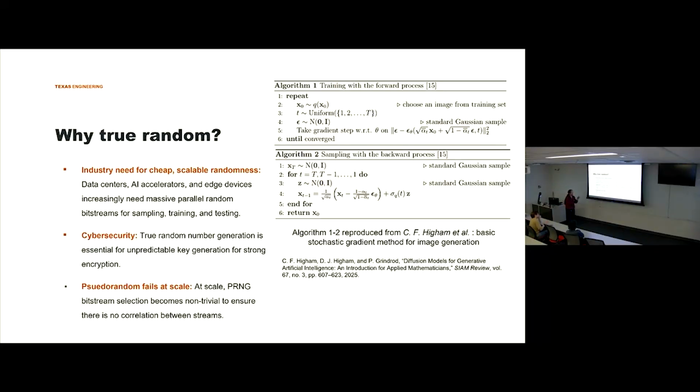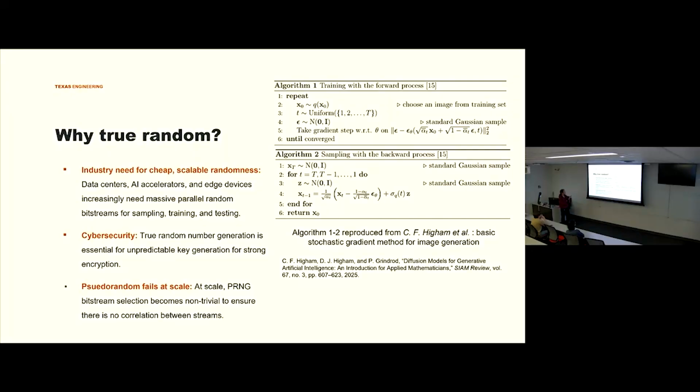As an example, I'm showing a very simple diffusion model where in every iteration of training and sampling, you have to sample from different distributions. Here's the uniform distribution and the Gaussian distribution.